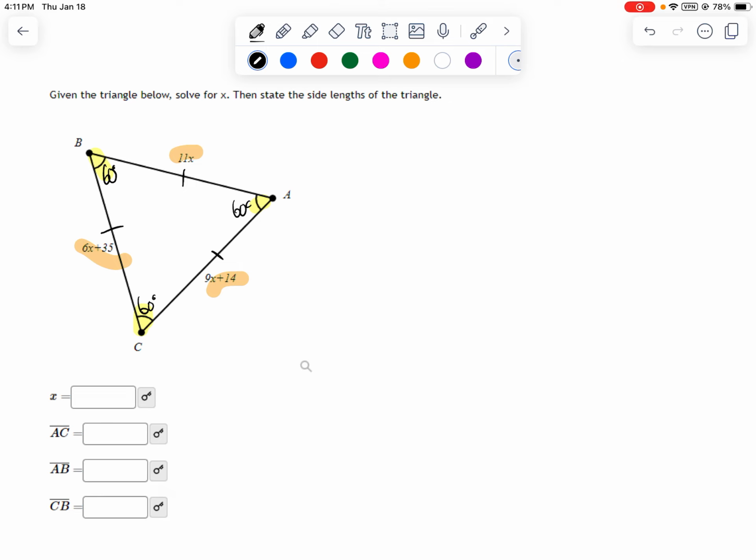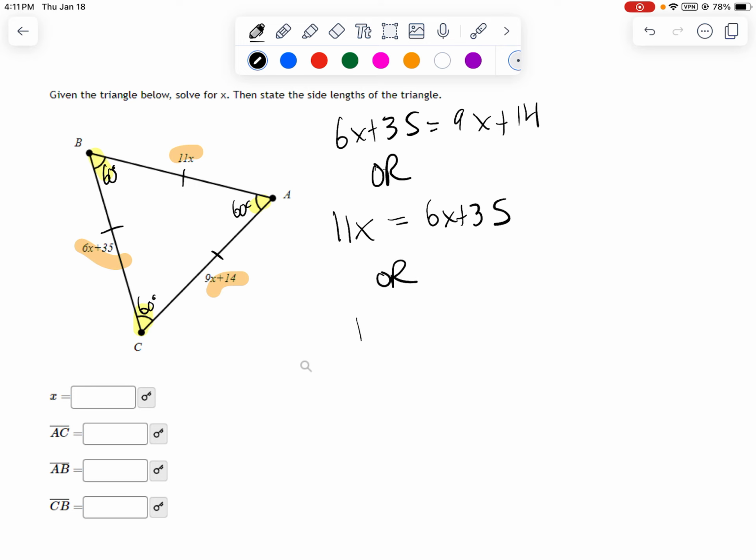You can make an equation with 6x plus 35 equals 9x plus 14. Or you can solve for x using 11x equals 6x plus 35. Or you can set up 11x equals 9x plus 14. Honestly, you can run this any direction you want to. As long as you pick two of the three sides, you are good to go.